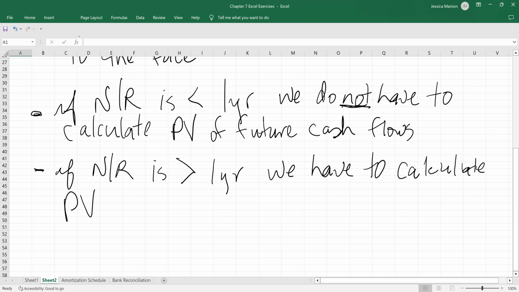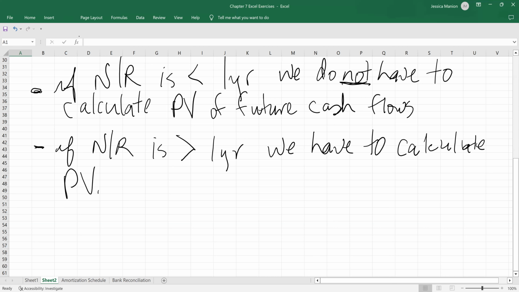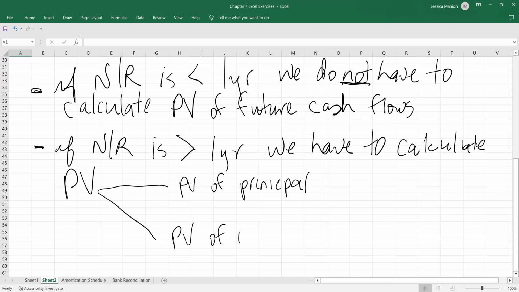And similar to what we saw with bonds, this present value has two components: present value of the principal amount, and then present value of interest. So again, we'll see examples of that.